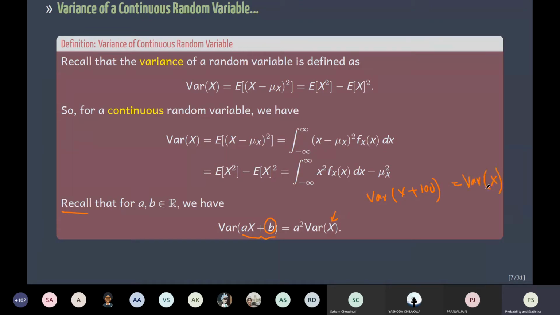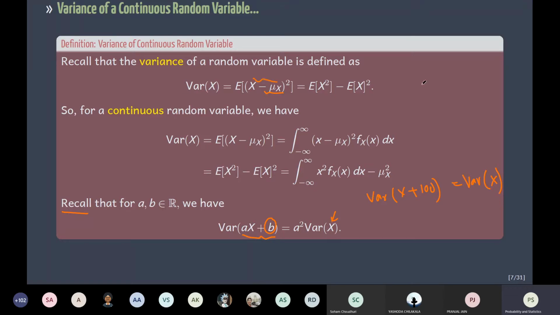Remember, variance denotes the spread of the data. If I just translate the data by 100, it doesn't affect the spread; the pattern of the spread is the same. Variance computes the spread of the data about the mean, that is, the expected value of the squared deviation from the mean.